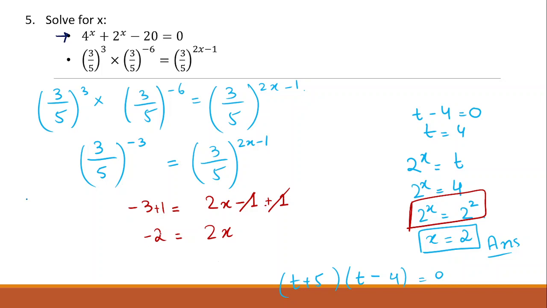So negative 2 equals 2x. Now in order to isolate x, just divide the terms by 2 on both sides. So this will be cancelled by this and there is just x here. Okay, so x is isolated. So you can just write x equals negative 2 divided by 2, which is negative 1. So for the second question, the x value is negative 1. For the first question, the x value is simply 2.